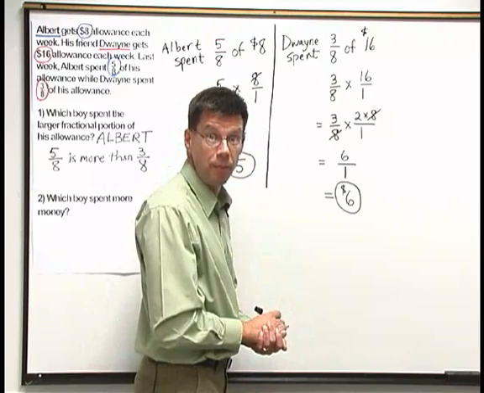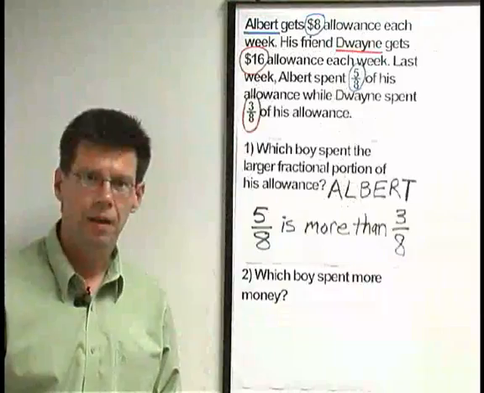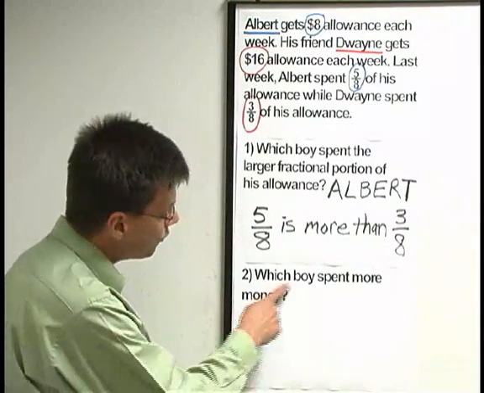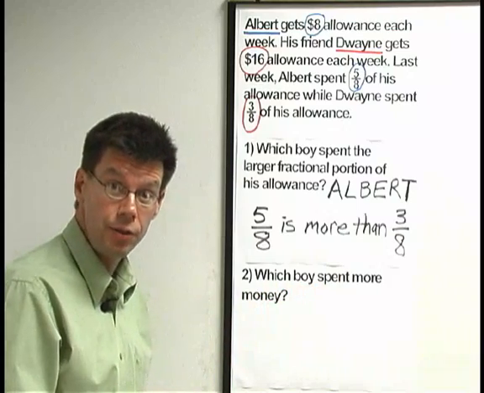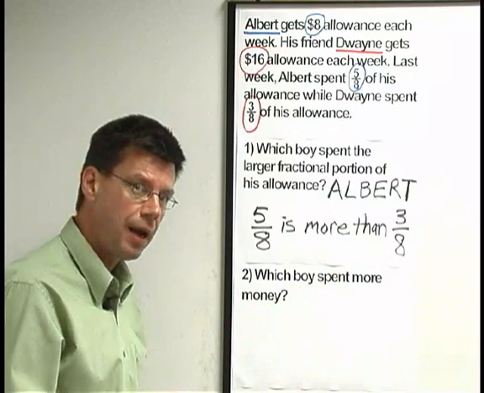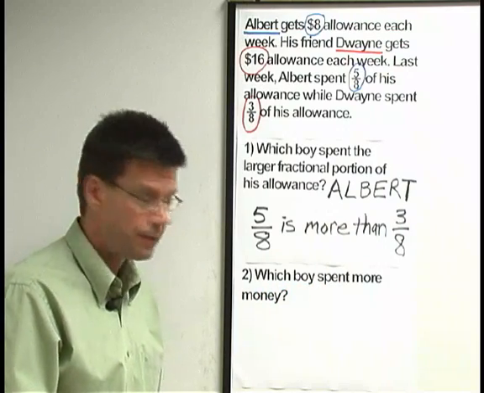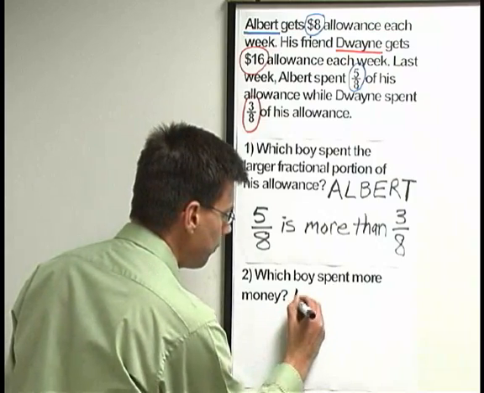Now let's just sum up our results back in the original problem. So we now have our answer to the second question, which boy spent more money? In fact, we calculated it 2 different ways. We used dollar bills, and we also figured it out using fractions. We now know that Dwayne spent more money.